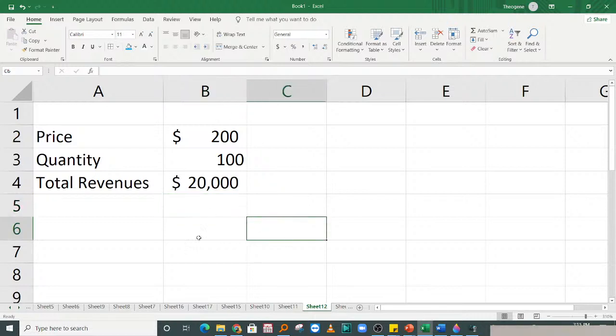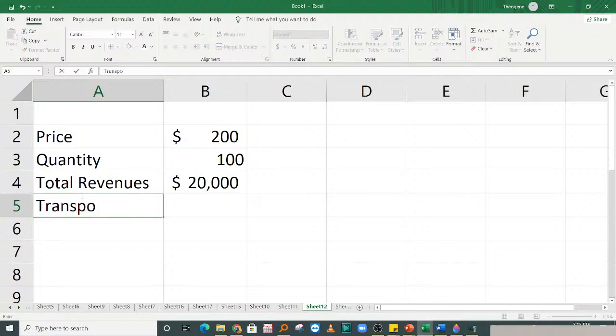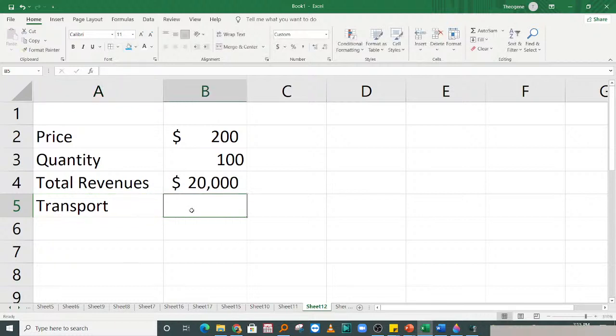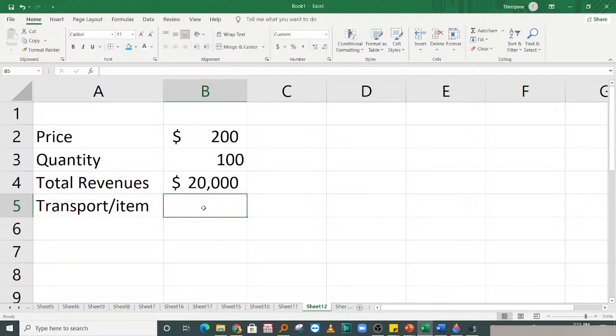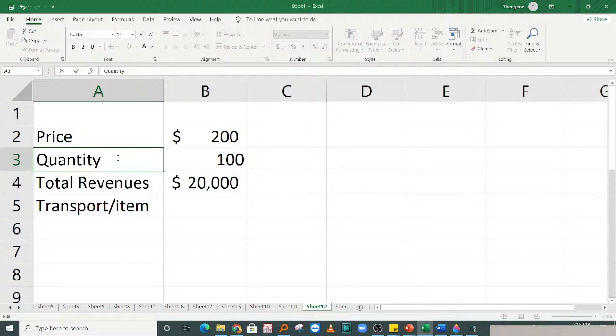After this one, for example, you have transport. You need to remove some transport. The transport is, let's say, for example, transport per item. So we have the quantity, or items. Let me write items.